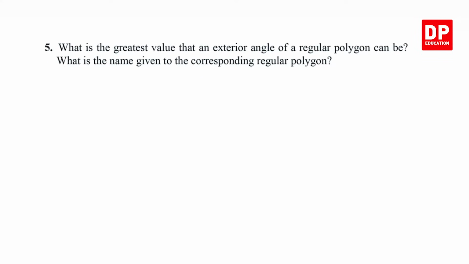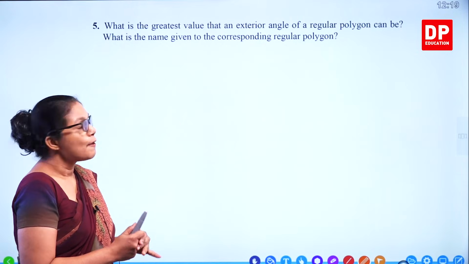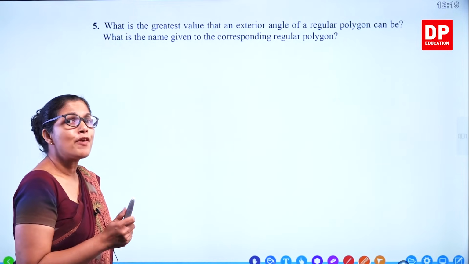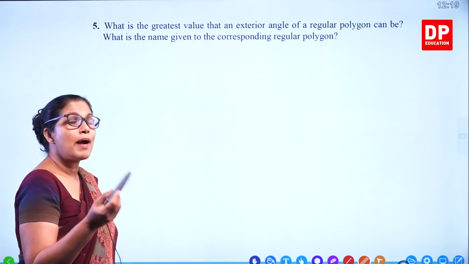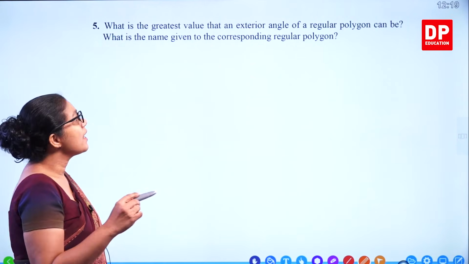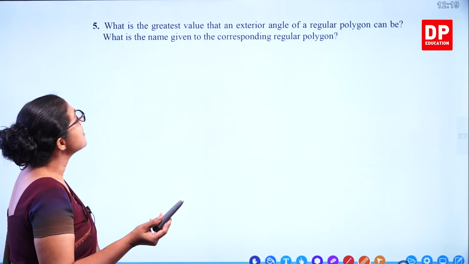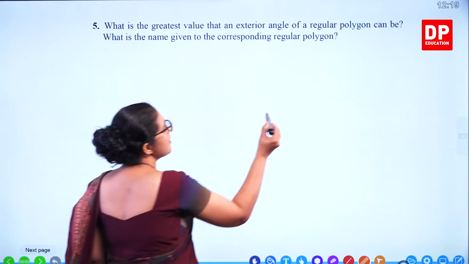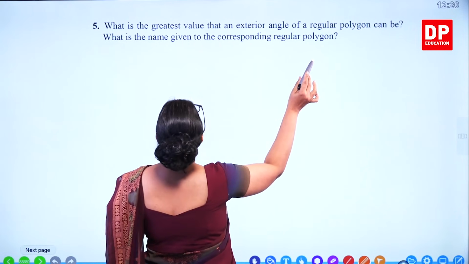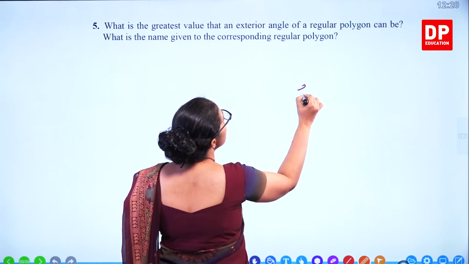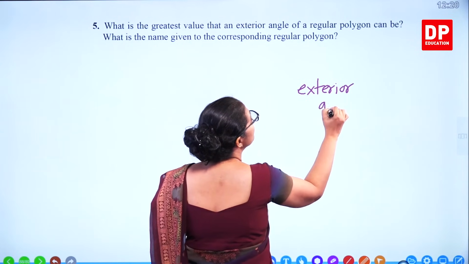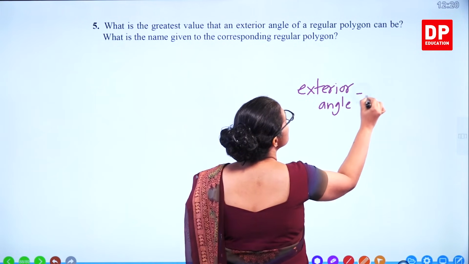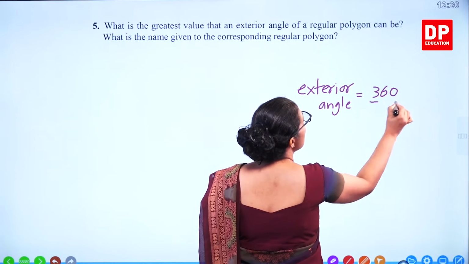What is the greatest value that an exterior angle of a regular polygon can be? We know the minimum number of sides is 3. When you divide 360 by the minimum number, you get the maximum exterior angle. Exterior angle is 360 over n.